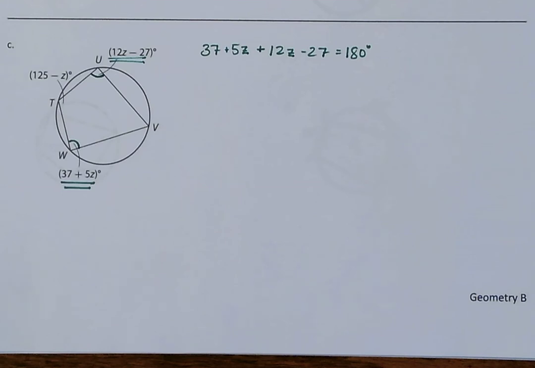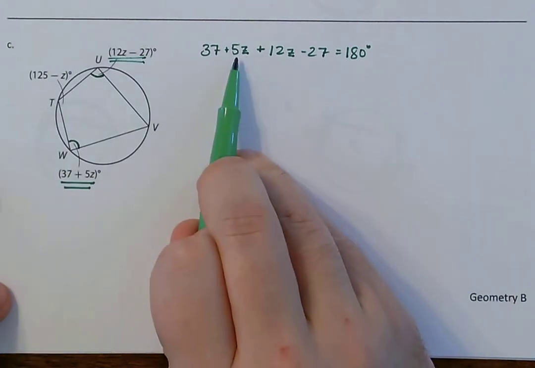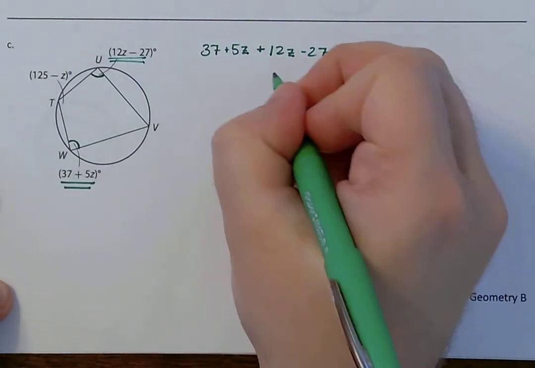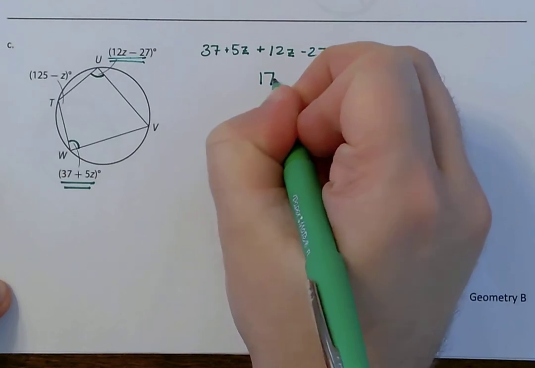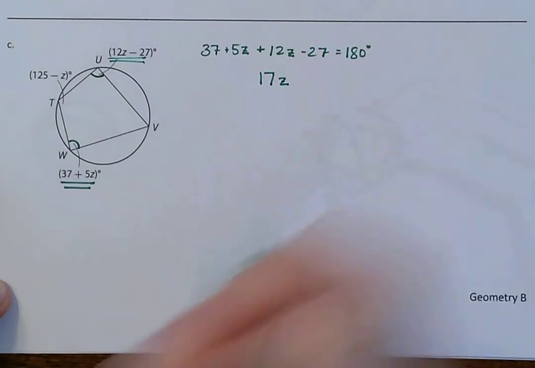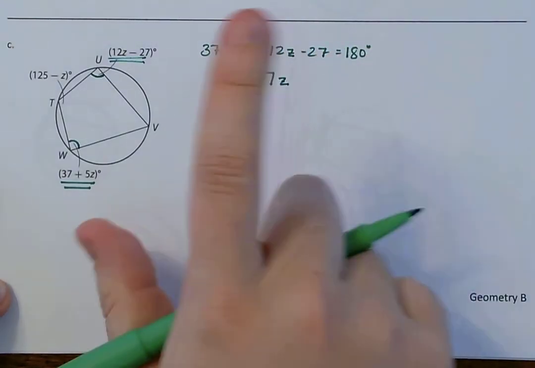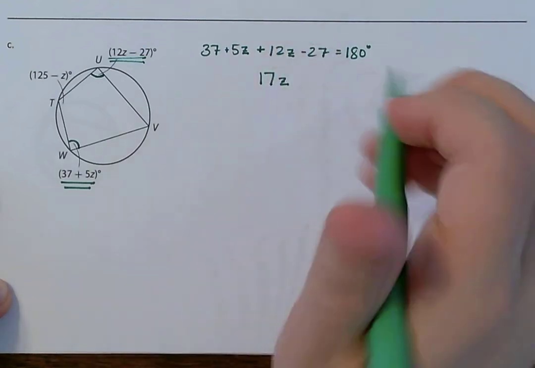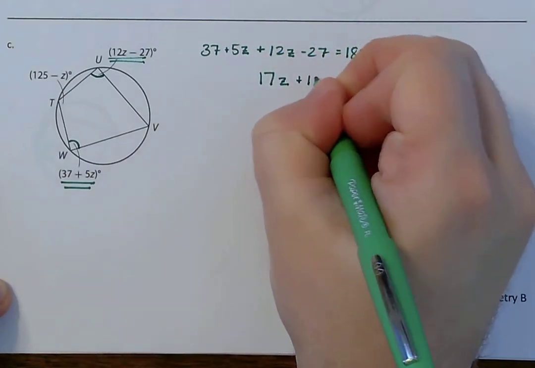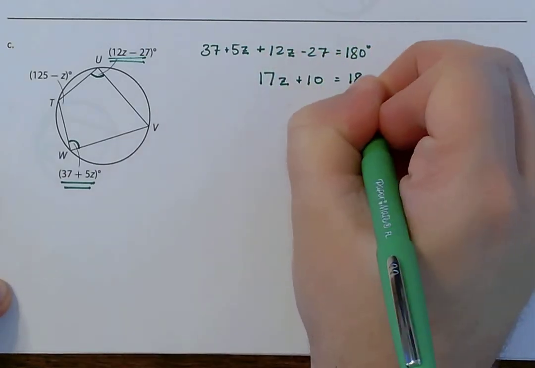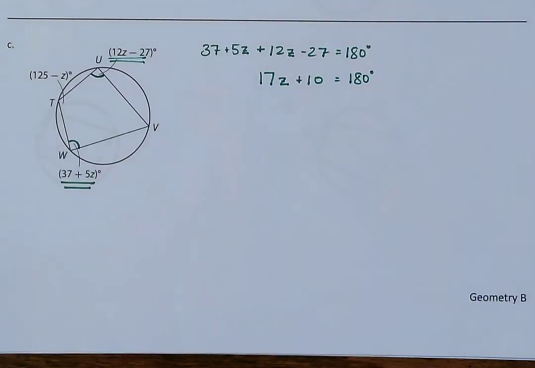So you just go through and solve it like we did for part A and part B. Combine like terms. So the 5z and the 12z gives us 17z. And then 37 minus 27 is going to give us 10. So we have 17z plus 10 equals 180.